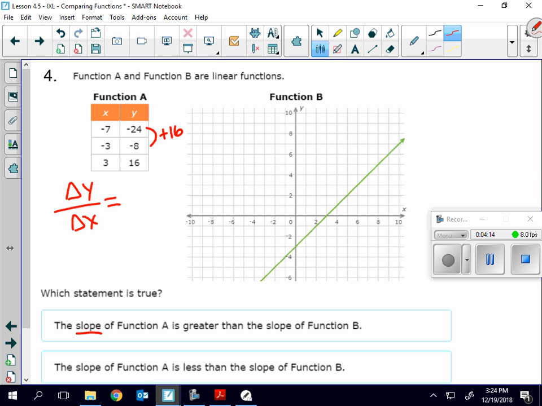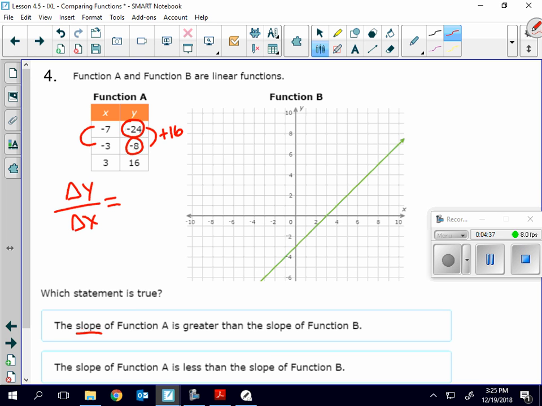If you want to know how to do that on your calculator, if you can't do it in your head, you take y2 and subtract y1. So -8, make it negative on your calculator, minus -24, make it negative, and then hit the equal sign and you get 16.